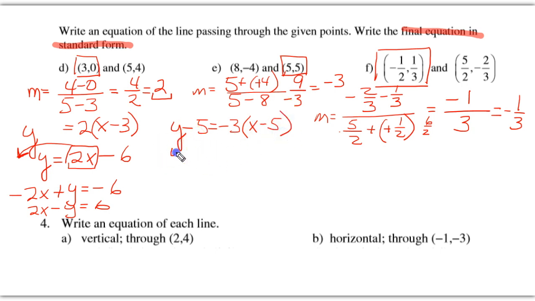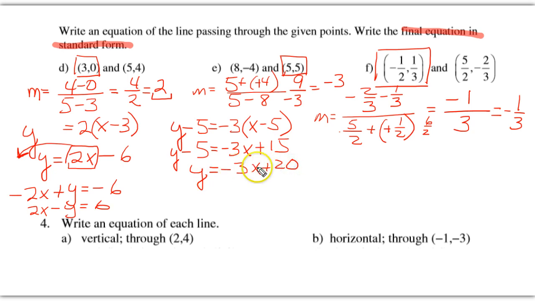So we clear parentheses, y minus 5 equals a negative 3x. Negative 3 times negative 5 is positive 15. So I then get y equals, transpose my negative 5 to the other side, where it becomes a positive 5. 5 and 15 is 20.